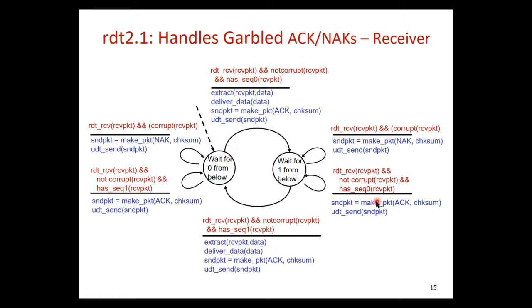Because that's how it detects duplicate, right? This is a duplicate, but why do we receive a duplicate? What caused the reception of a duplicate? If the receiver receives a duplicate, that means the sender did retransmit, right?